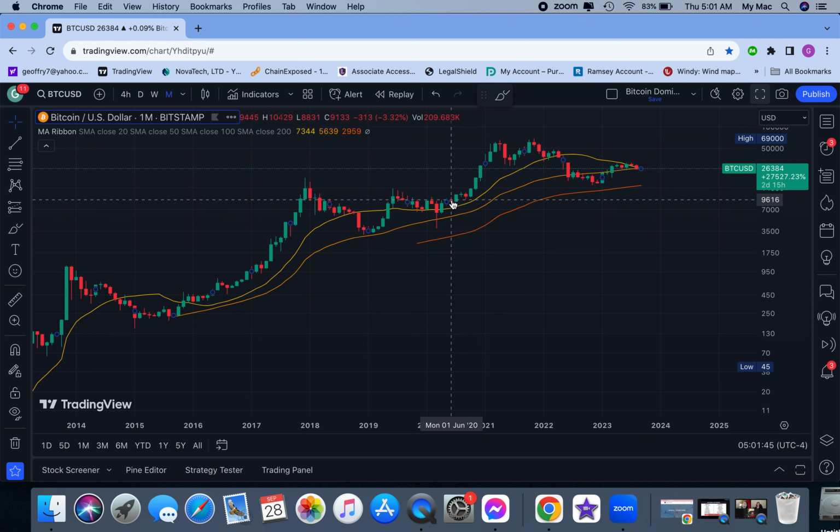Right in May 12. So you went sideways a little bit, had a little bit of a bounce, and then boom, up you go. So we could do something similar, which would mean probably sometime next June or July we could be starting up once we break above our previous high here.